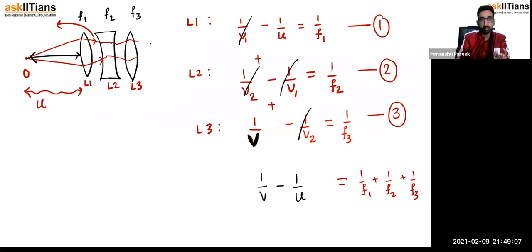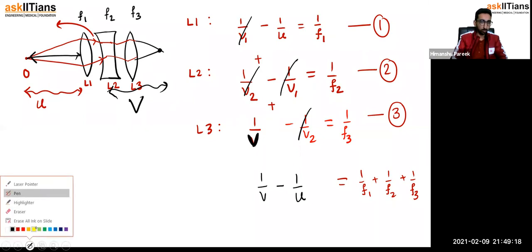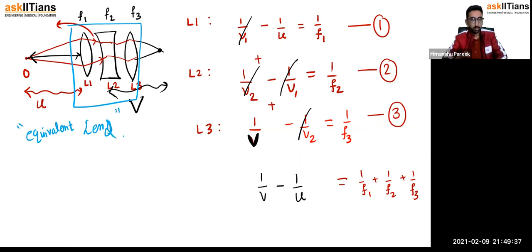Let's say somewhere here we are getting the image at V. So can't we say that we can assume this entire thing as one single lens, or you can say an equivalent lens, equivalent of all 3?